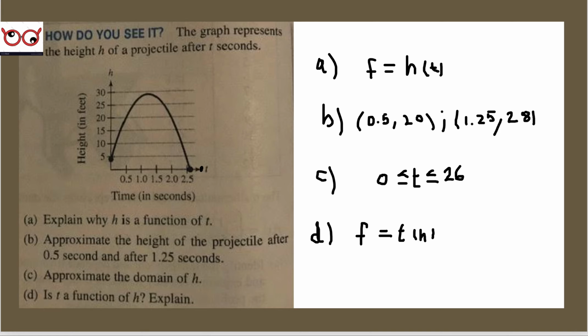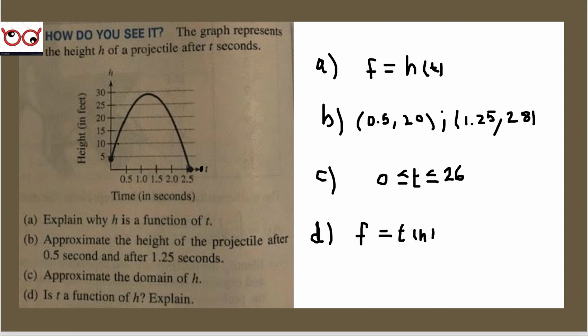First of all, if we do the line test with lines that are normal or perpendicular to the h-axis, those are going to intersect the graph in two places, in more than one place, and graphically that says t is not a function of h, because not every point on h corresponds exactly to one point of t.